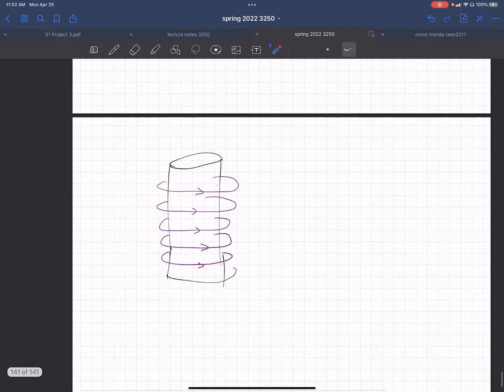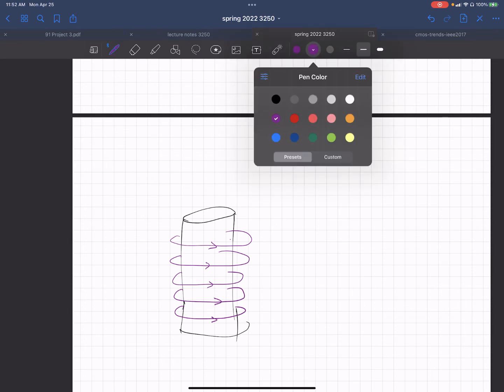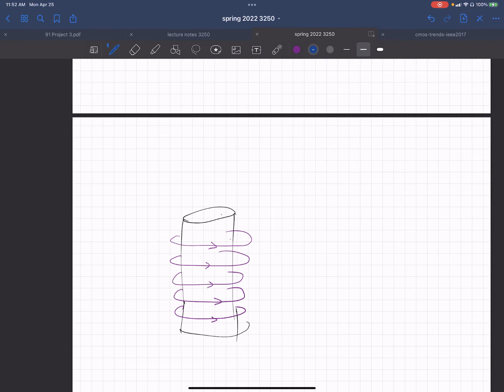So coming to here, if we had a bunch of these loops stacked up, you would still end up with these magnetic field lines going across. They would all kind of add up together.